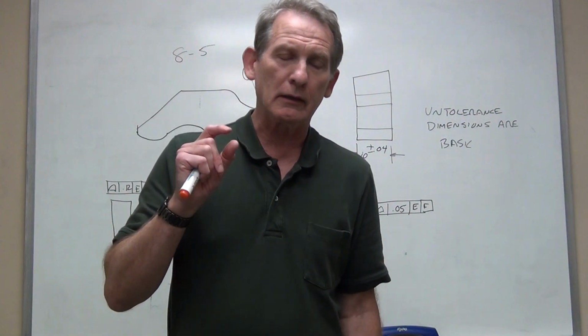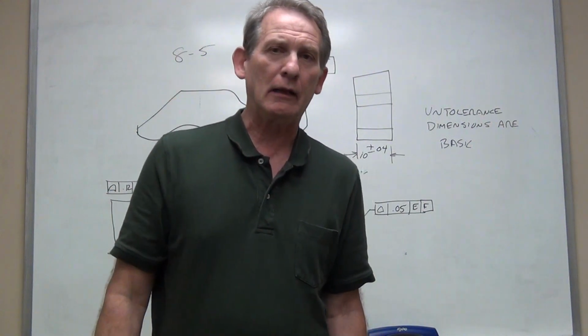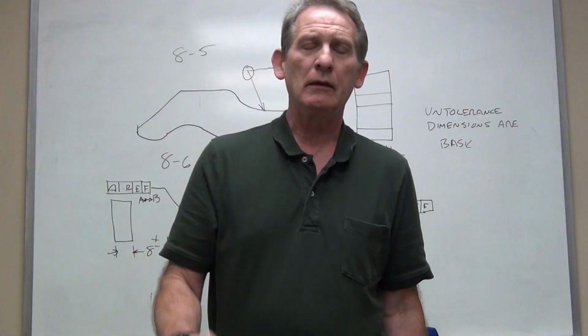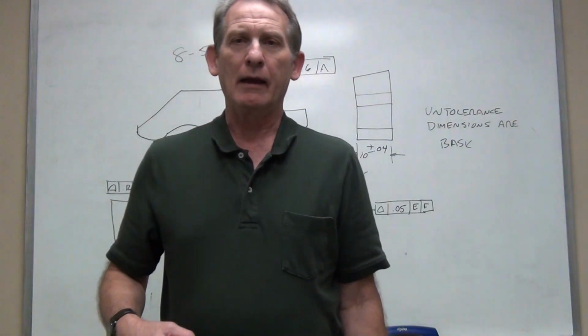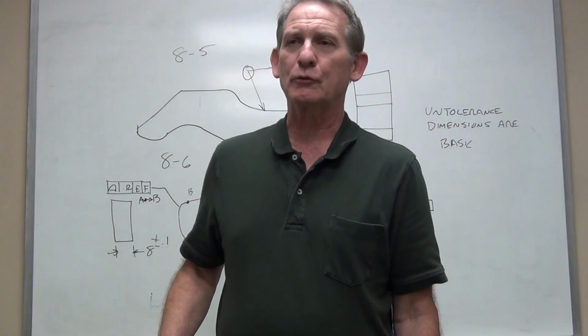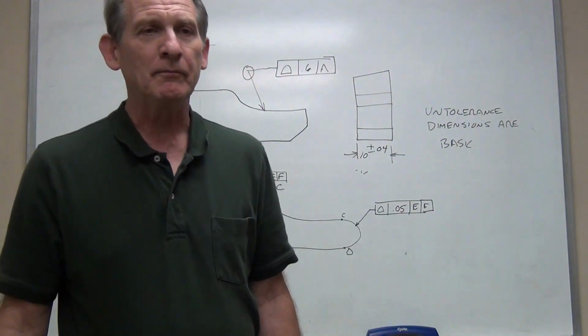You also saw that it allows us to shift that tolerance zone and distribute it one way or the other or halfway in between. And they don't use the term distribute, they use the term dispose.